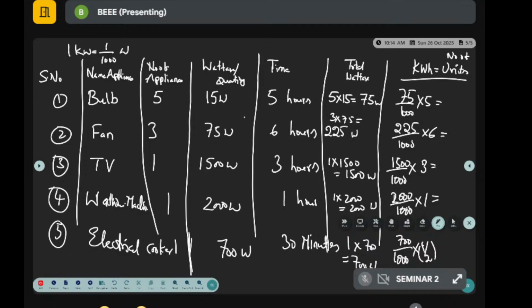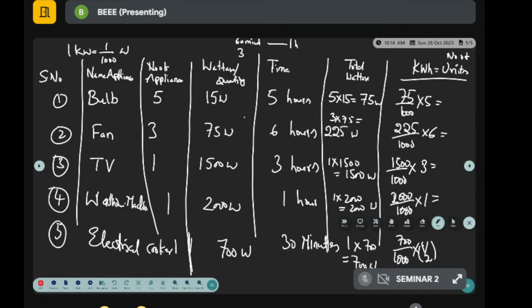How can you convert 30 minutes into hours? You have to write it in terms of hour. What is the formula? 60 minutes is equal to 1 hour.